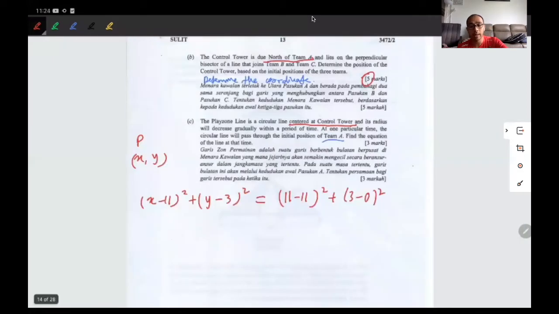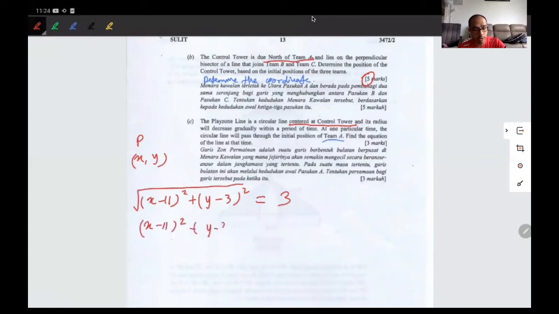So actually I can even omit this altogether. I can say that the radius when it passes through team A is 3. So I can solve this already now. Sorry, this is square root. Squaring it, it'll be x minus 11 squared plus y minus 3 squared equals 9.